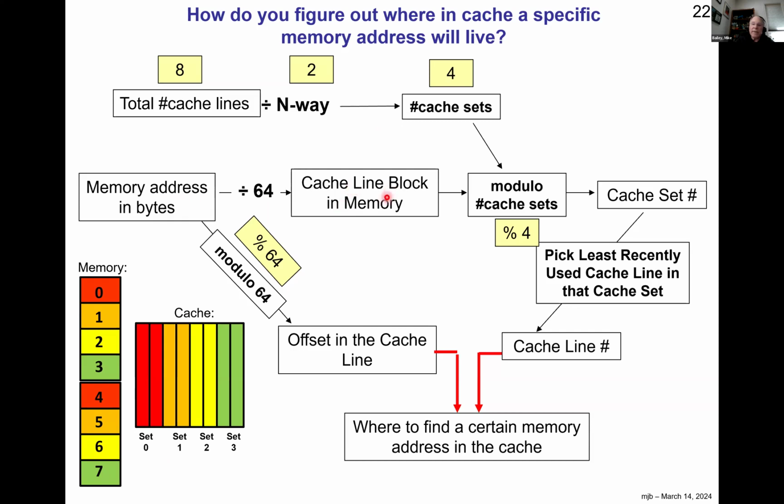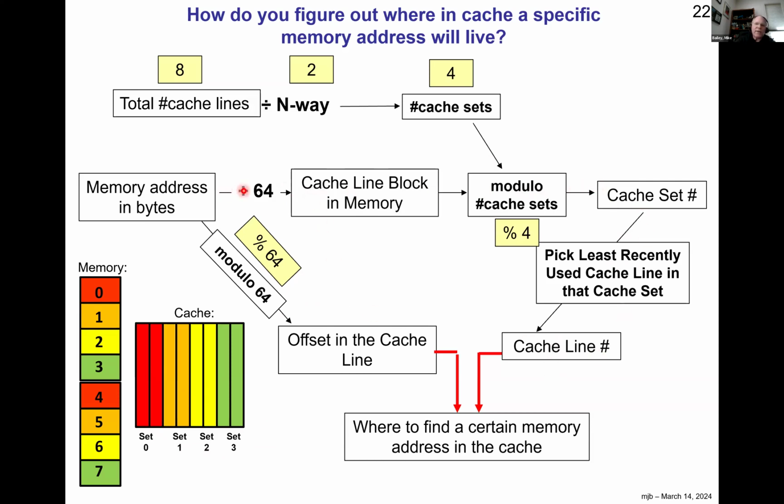Because we have 4 of these sets, we do a modulo, which will give us back 0, 1, 2, or 3, and that tells us the set number. If there's something already there, we pick the least recently used one, kick it out of cache, and bring this cache line in.